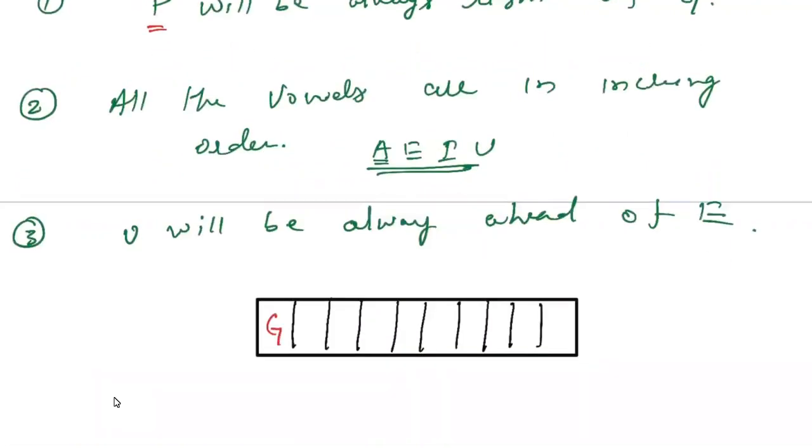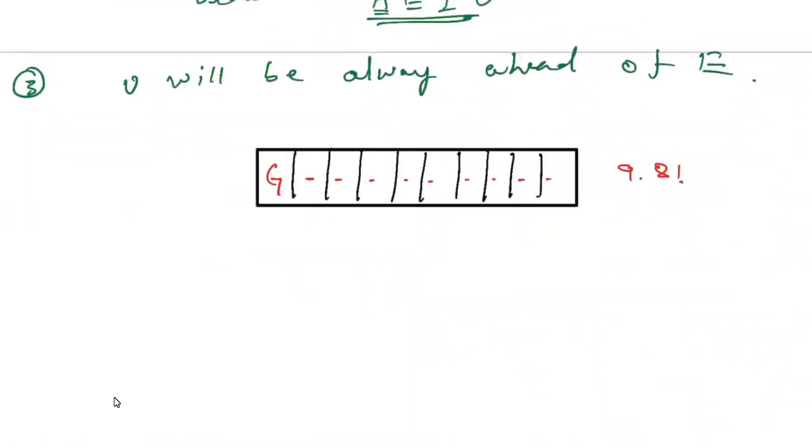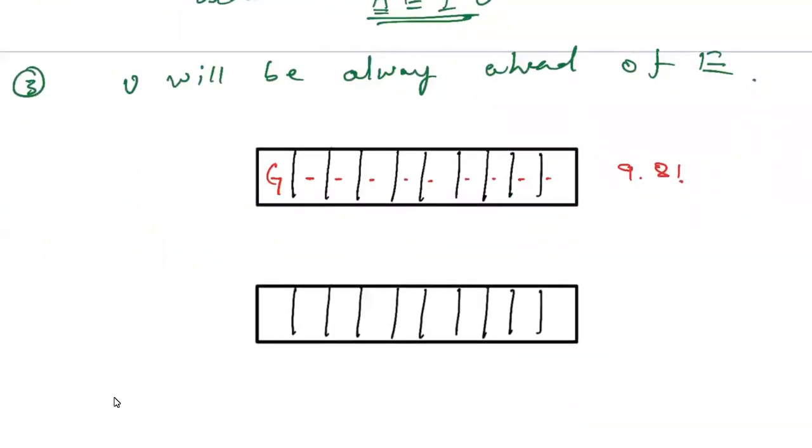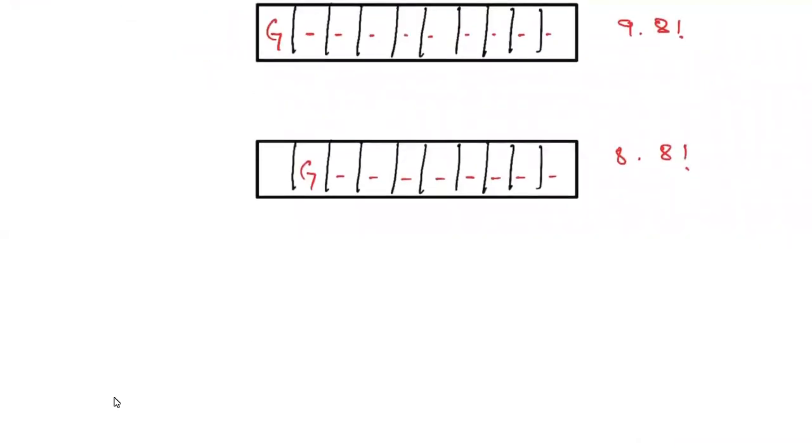If G is here, then positioning of P will be 1, 2, 3, 4, 5, 6, 7, 8, 9, so 9 into factorial 8, right? But if G is here, 1, 2, 3, 4, 5, 6, 7, 8, that's 8 positions for P, and the rest of the alphabet can go with factorial 8 ways.